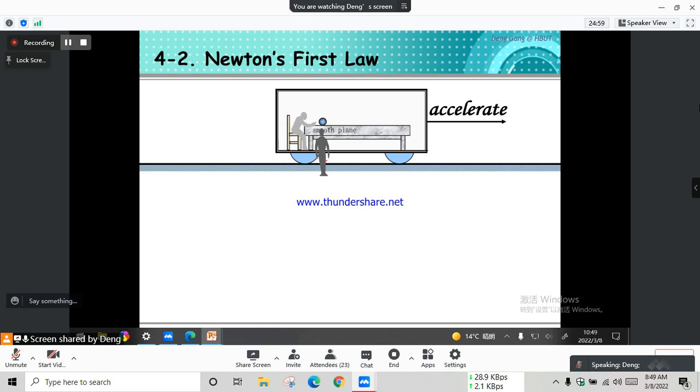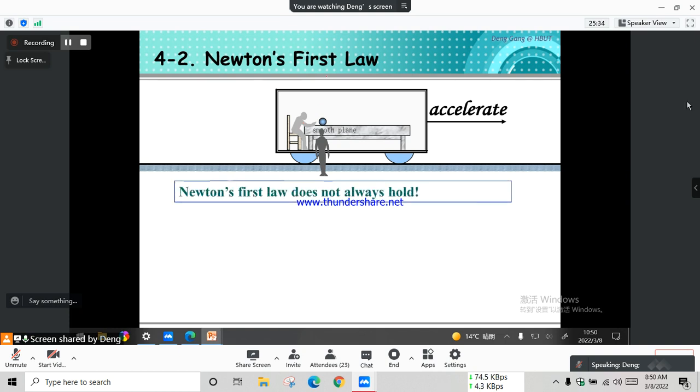He believes that there's still no force on the ball because it's a smooth surface, and in the vertical direction the normal force and the gravity balance each other. So there's no net force on this object. But why was it originally at rest and now it is moving? Why does it start to move toward me? So the guy on the train does not believe Newton's first law is correct.